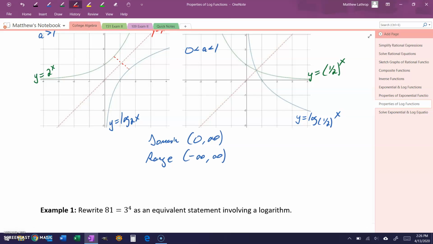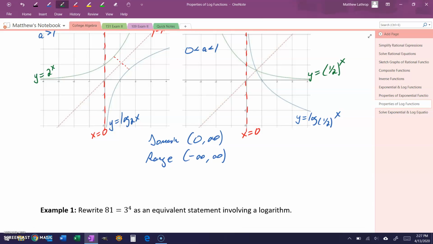The domain has an open bound at 0, that open parenthesis, because what we have occurring in either case, regardless of our value for a, is a vertical asymptote at x equals 0.